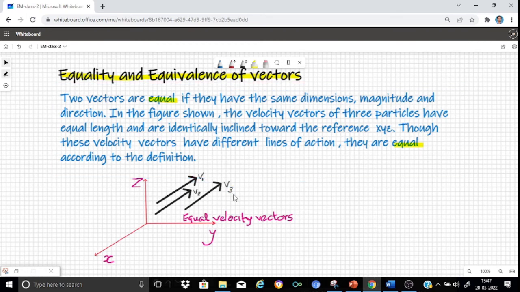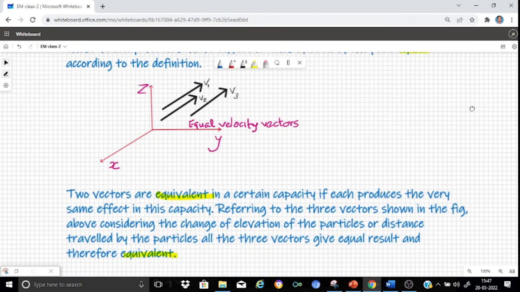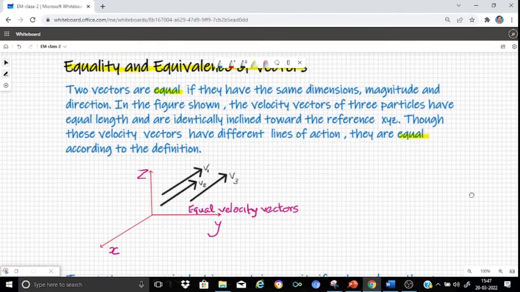They can have different lines of action. Here is shown the reference axes xyz, and it represents equal velocity vectors. Now that is all about equal vectors.